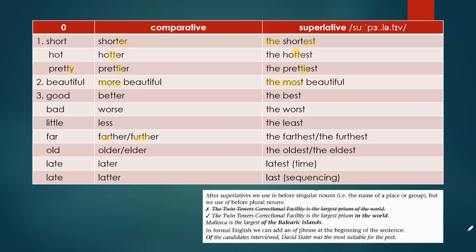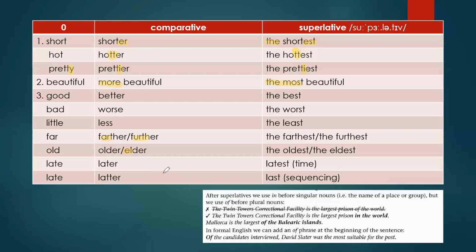So one more variant, it's older and elder. And here's the question, what is the difference? We use the variant with E only about family relationship. Everybody remembers about it. So we usually speak about people's age, especially when people are in the same family.